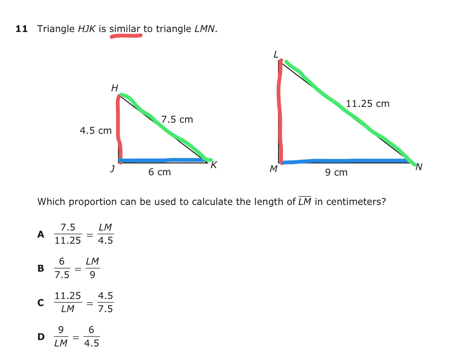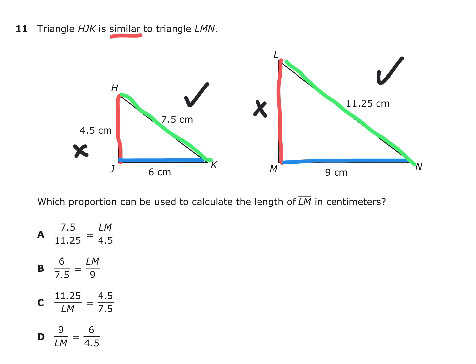The first one, answer A, says that 7.5 is to 11.25. So it's going to be this side is to this side, as LM is to 4.5.